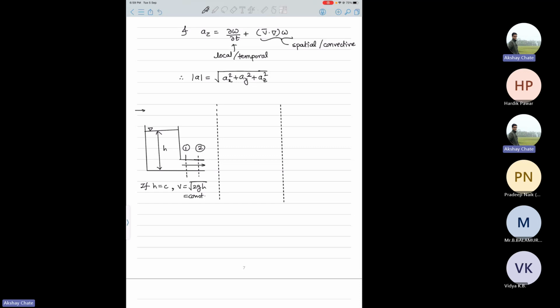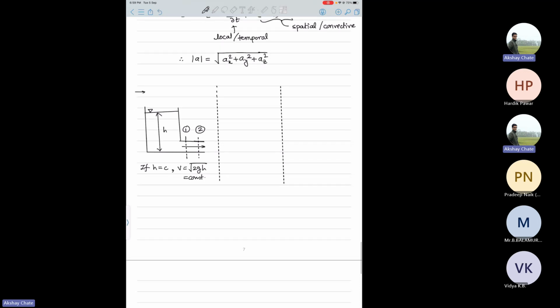So in this case, between 1 and 2, del v by del t will be 0, because it's a steady flow. Since the head is almost constant, velocity is constant and it is not a function of time. So its change with respect to time is 0.